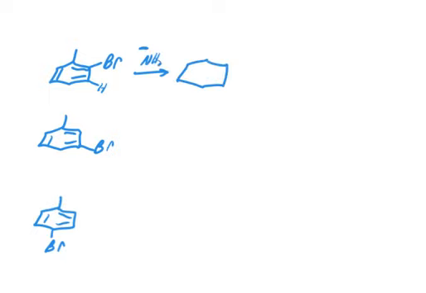So what I'm going to do is I'm going to take this bromide, the meta, and the para bromo. So forming benzyne with this one, I only have one hydrogen that I'm able to remove. So if I treat this with sodamide, what I wind up with is a single benzyne intermediate, which is going to look like this.